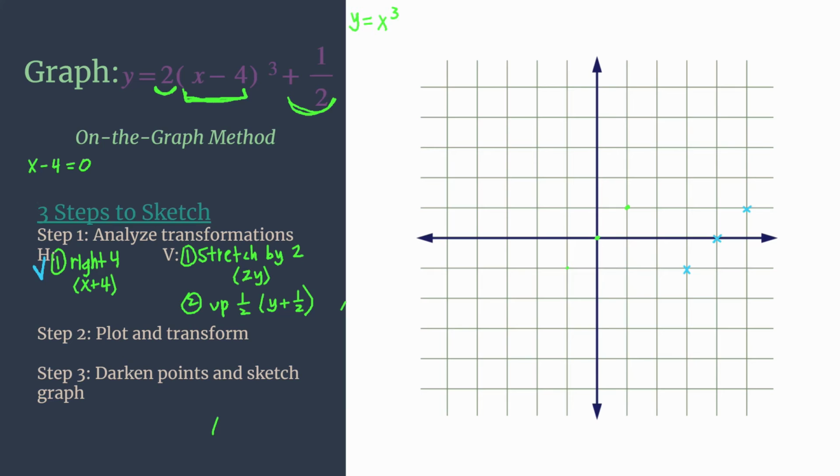Let's switch now to yellow, and we'll move on to our vertical transformations. So we'll start first by stretching vertically by a factor of 2. So you either should think multiply all your y coordinates by 2, or you can think of doubling their distance away from the x-axis. Okay, so let's start with our leftmost point.